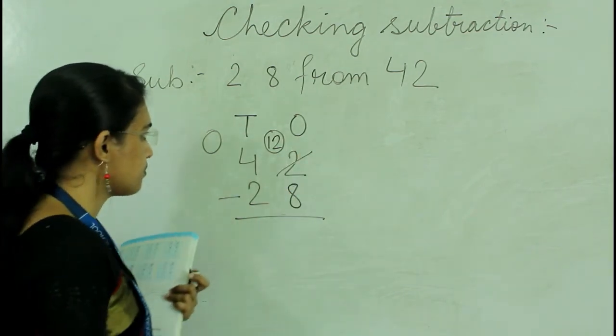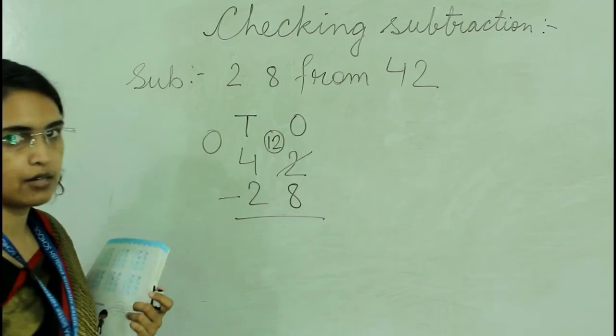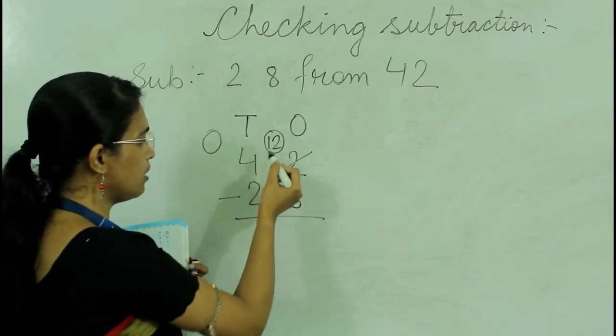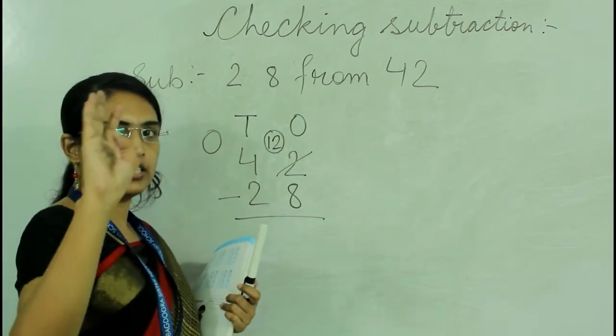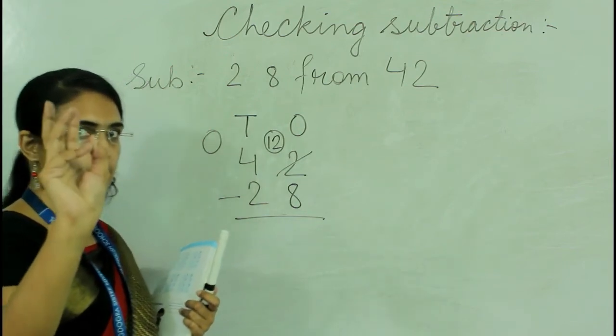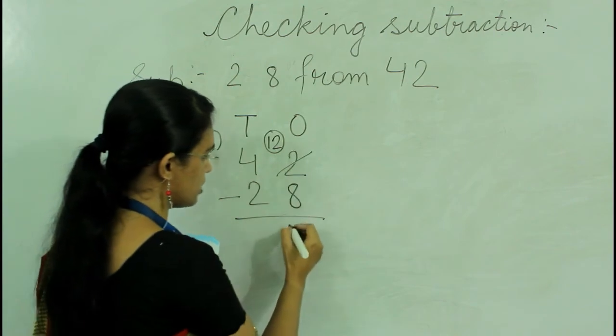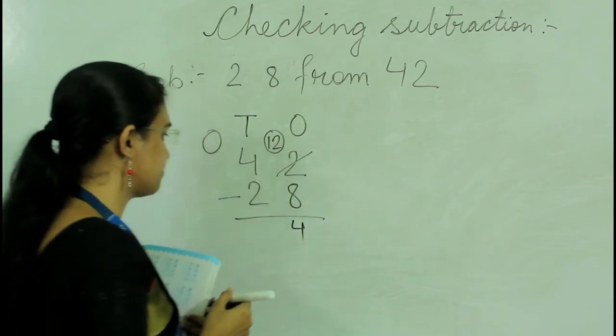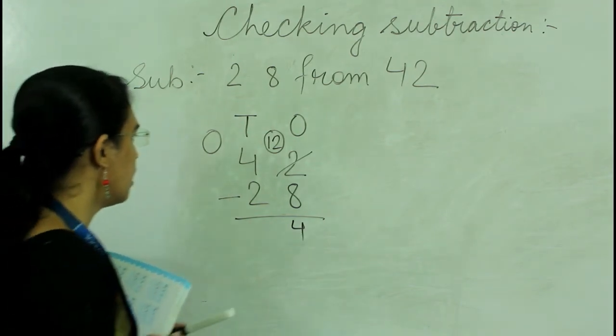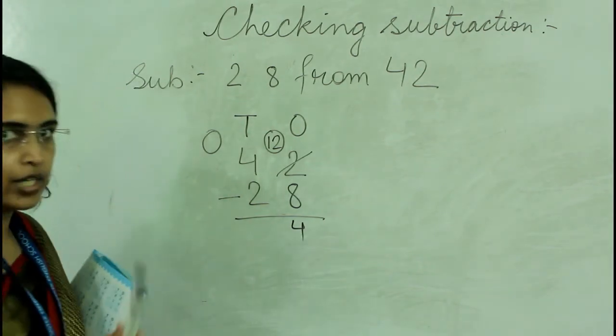Okay, now we can subtract. From 12 we have to subtract 8. After 8: 9, 10, 11, 12. So the answer is 4. Now what do we have to do?